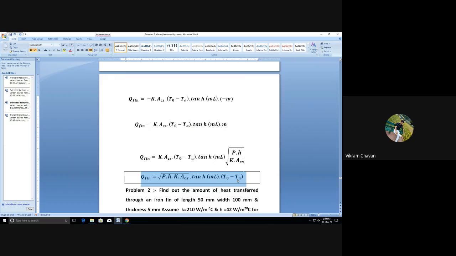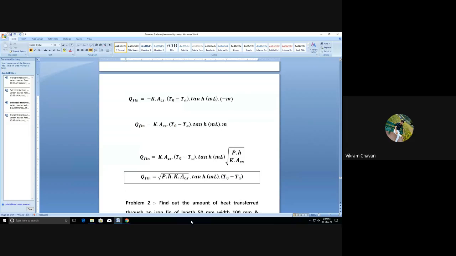Okay, so that will be the heat transfer equation for the infinite long fin.